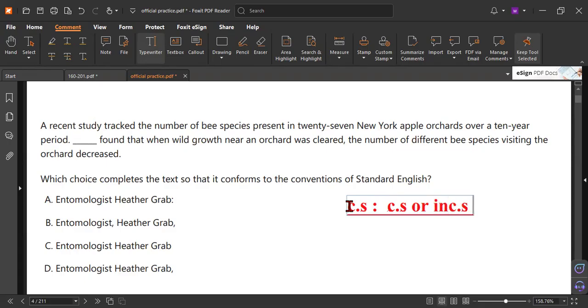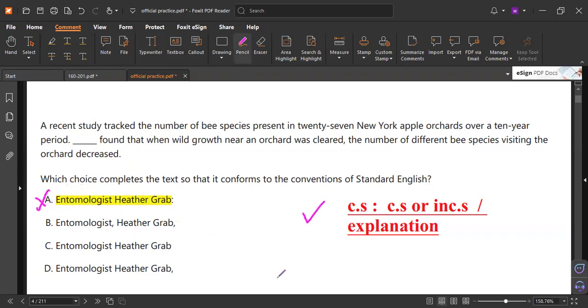We don't care, but after a colon, we should have an explanation. So follow the rules. Is the part before it complete? Let me check. Is this one sentence? No, it's only a subject because I start from the full stop. So this is the beginning. From the beginning to this part, is it a sentence? Of course not. So A is wrong.